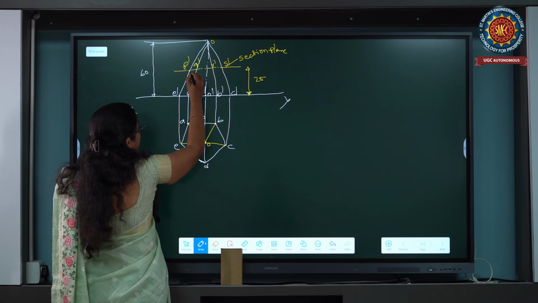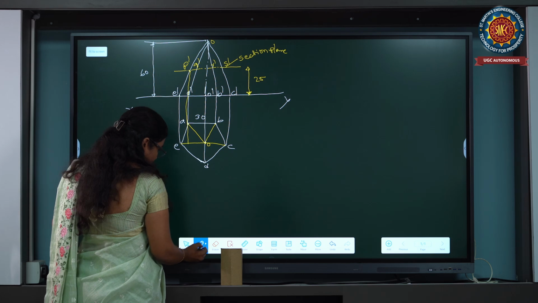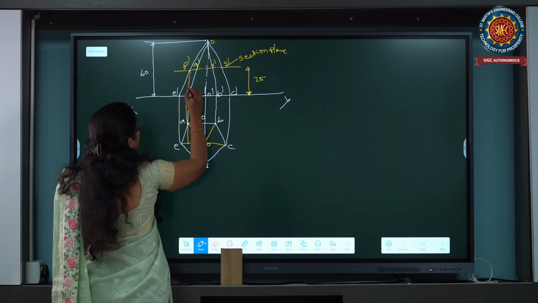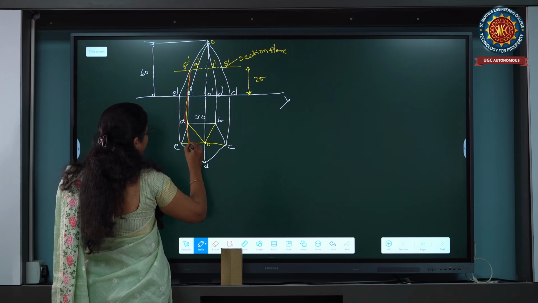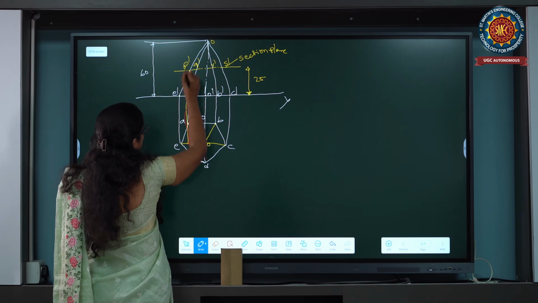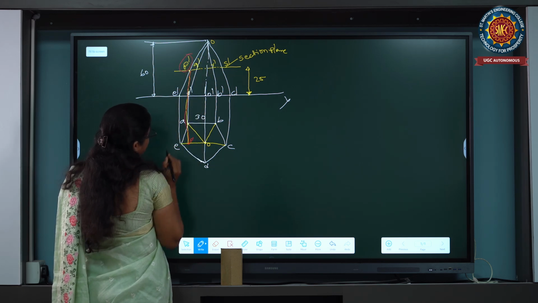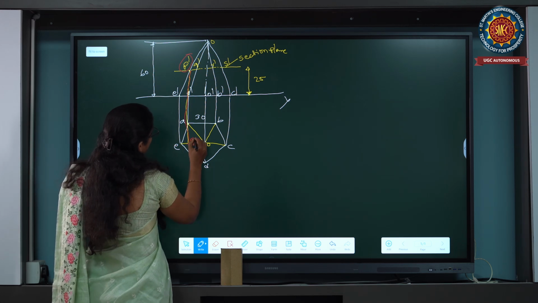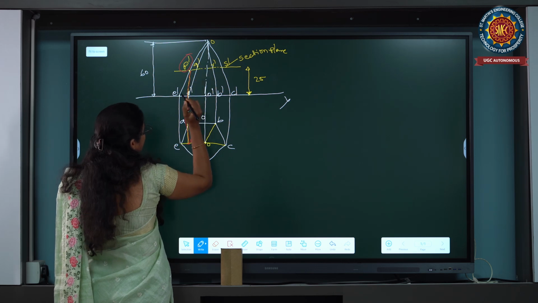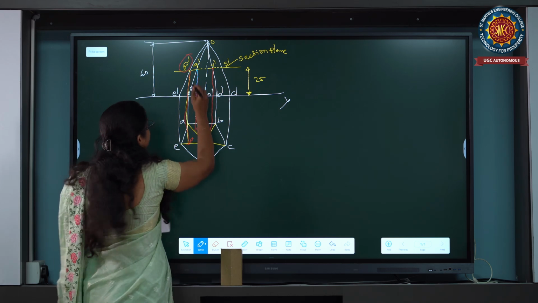From here, draw a line to meet the AO line. Where is the AO line? This one is the AO line. The AO line is cut at point P, so you need to draw this one as P. And then the AO line is cut at point Q.